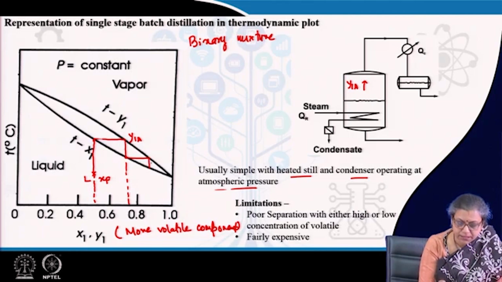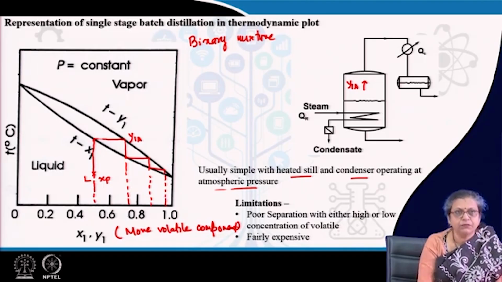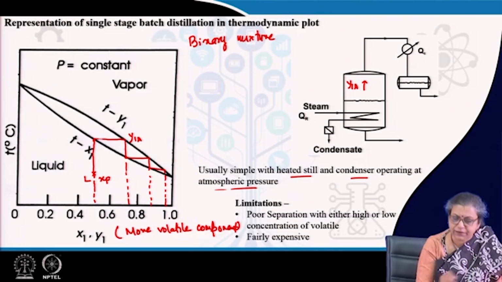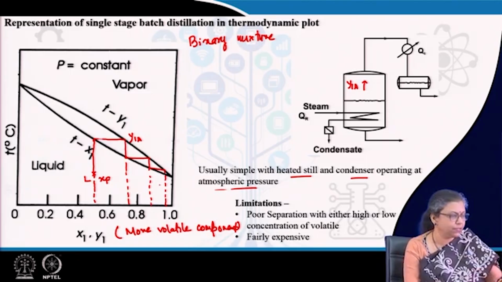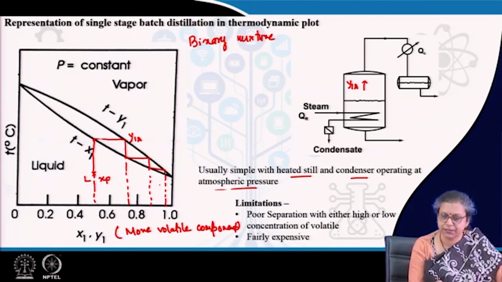The moment we condense this, we find that we have achieved additional enrichment. If we keep on repeating this, then we would finally get a product comprising almost pure more volatile component. So redistilling is definitely one way by which we can enhance the purity of the distillate.